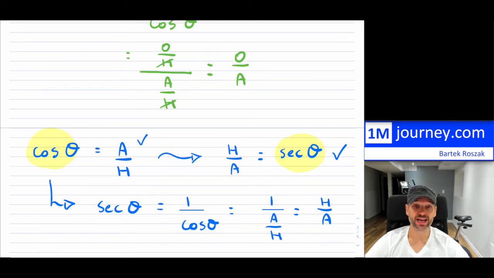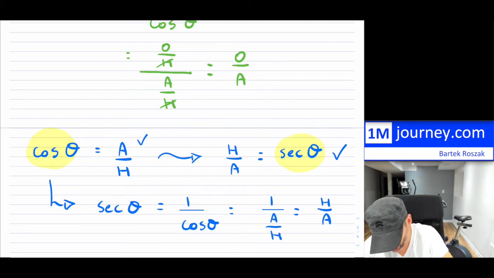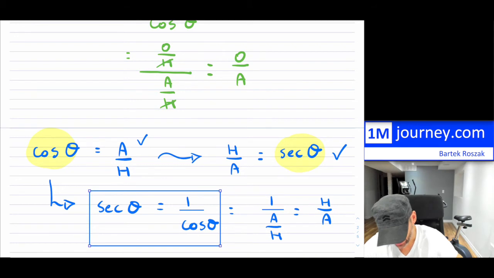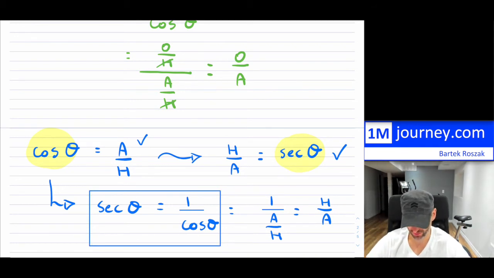Now, on your calculators, because you may remember from grade 10 or maybe grade 9 when you were working these out, you may not always find the secant button. And that's why it's useful to remember that they're just reciprocals of each other. Secant is the reciprocal of the cosine of whatever angle you have.